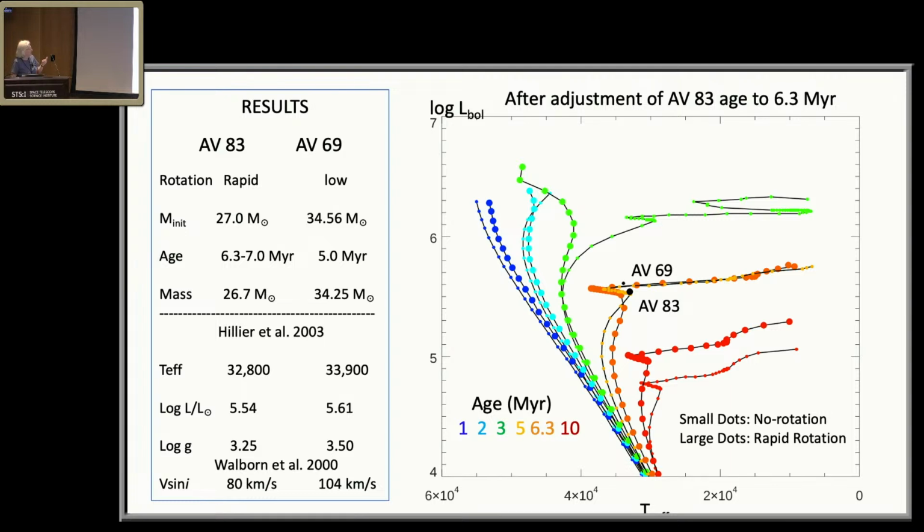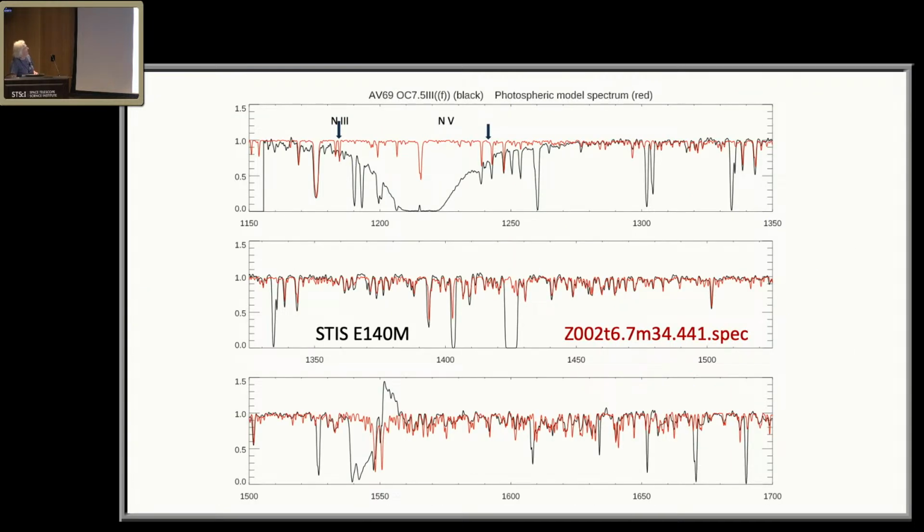Unfortunately, we don't have a predicted spectrum for AV83 because we didn't know what the age was and we haven't calculated it yet. But we do have one for AV69 that we can compare with observations. And that's shown here.